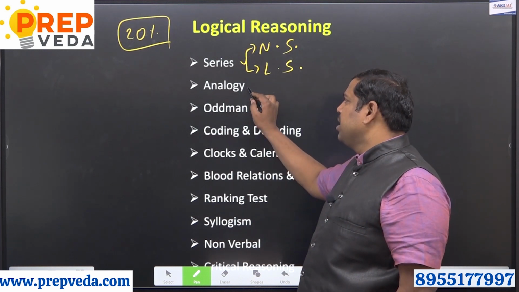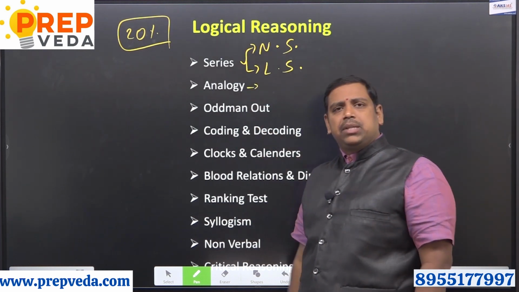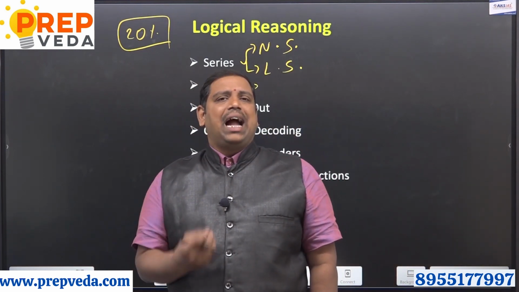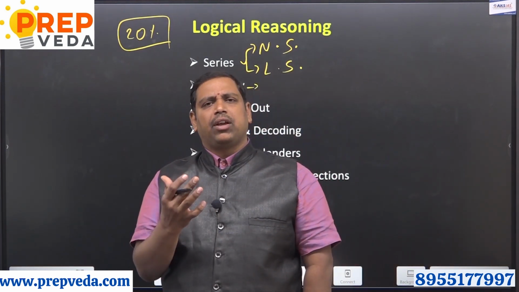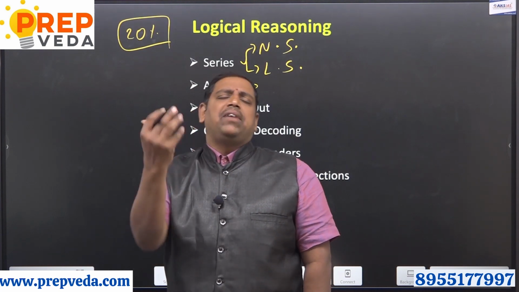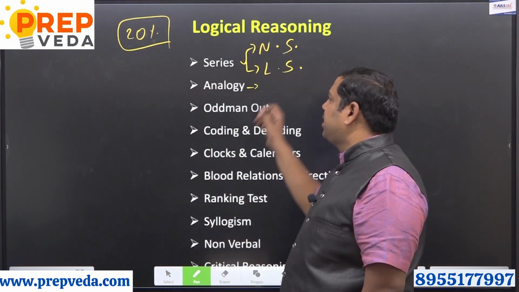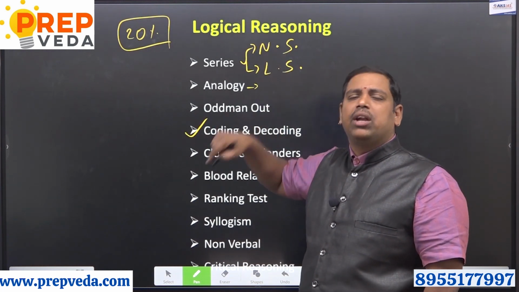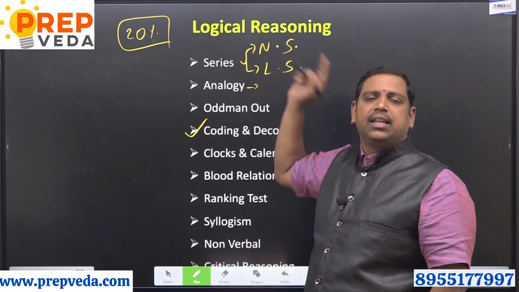Next one, analogy. In analogy, we have three types: letter analogy, word analogy, and number analogy. A beautiful topic. The beauty of letter analogy is that if you are perfect in it, coding-decoding is completed, which is the most important one in the entire logical reasoning.